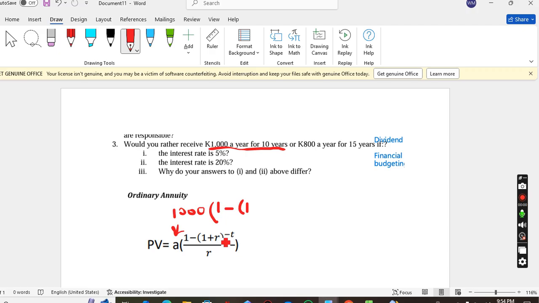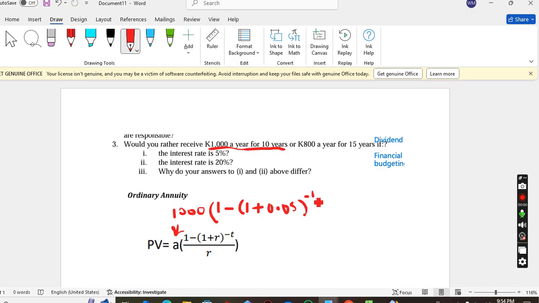R, which is our discount rate, is going to be 5%. So you convert it into a decimal, 0.05, to the power negative 10 years.